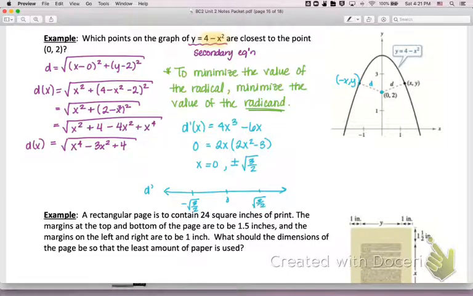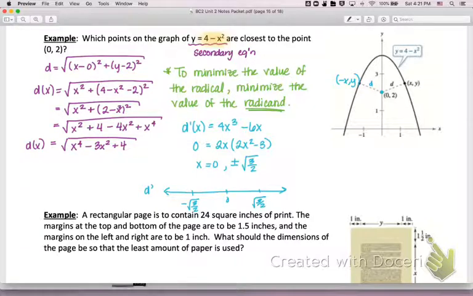Now, I still don't know what the square root of 3/2 is, but I know that it's barely bigger than 1, and I know that it's definitely less than 2, because 3/2 is less than 4, so the square root of 3/2 is going to be between 1 and 2. I don't know what, but it's definitely going to be somewhere there. So when I pick values to test in my intervals, I'm going to pick a value that's less than 1, and I'm going to pick a value that's greater than 2.